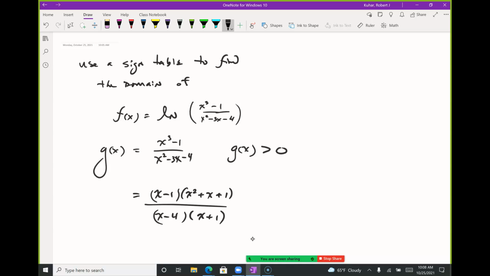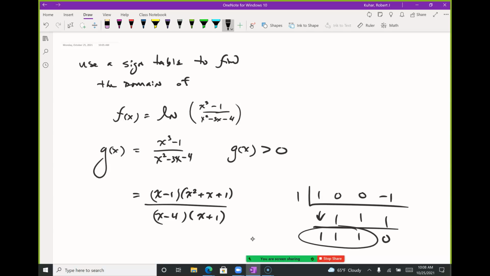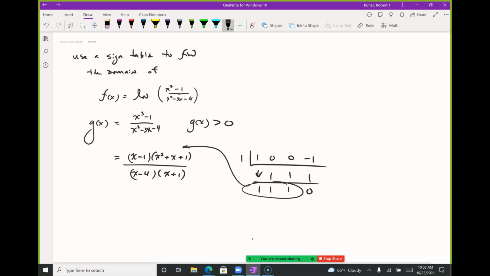I did factor it, but I would say I did it by synthetic division, right? I know 1 is a 0 into 1x cubed, 0x squared, 0x, minus 1. And you'll see I get the x squared plus x plus 1 there. Yep. Okay. Got it.